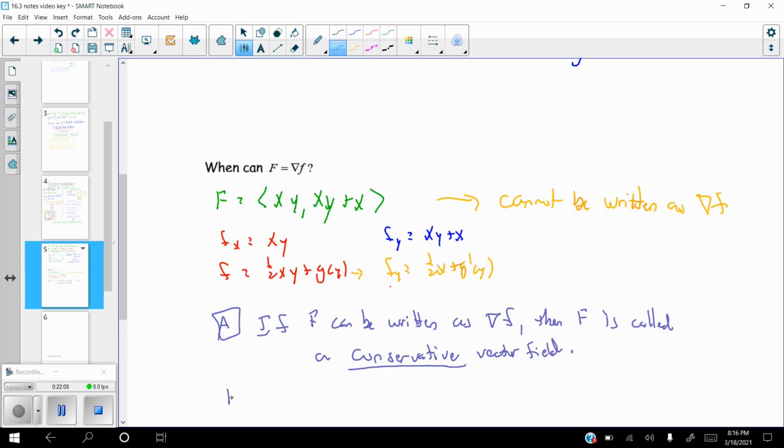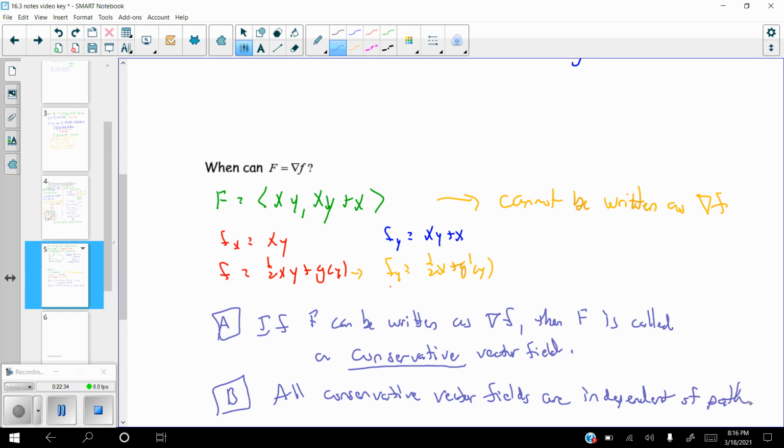The second part to that is that all conservative vector fields are independent of path. So if we know that the vector field is conservative, it is independent of path.